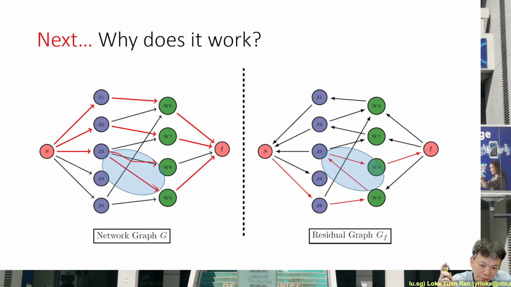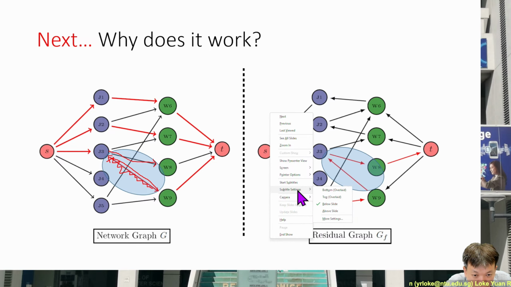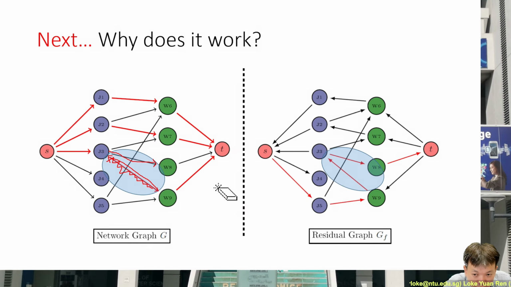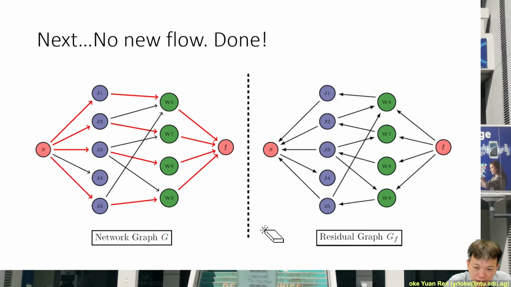They need to update it. So this one will cancel, I need to remove. After that you update the flow, and you are trying to match J3 to W8.